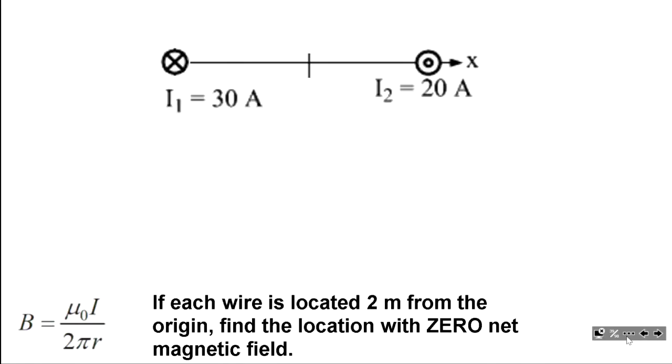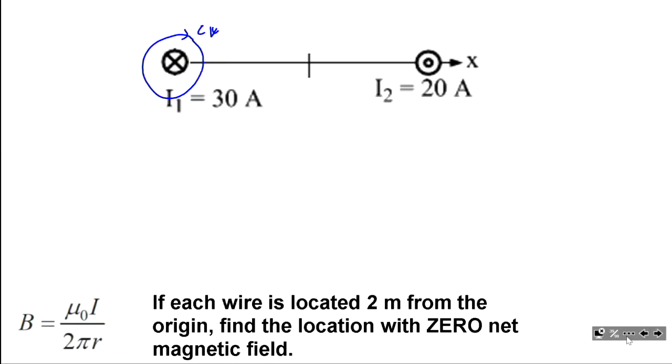So the magnetic field due to wire number 1 is represented by circular lines with a clockwise direction. It always is helpful to draw first one line which represents the direction.